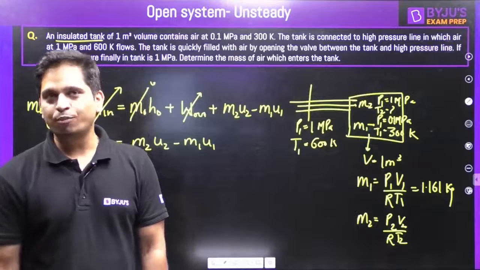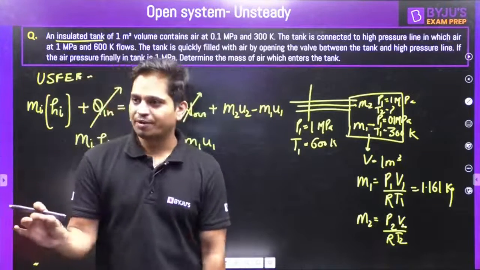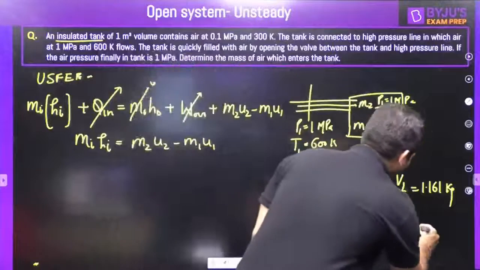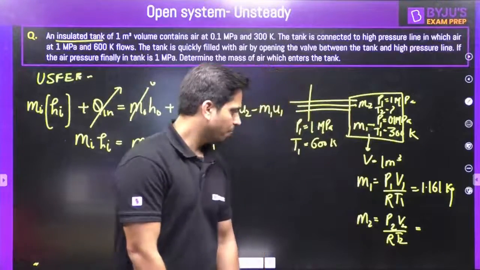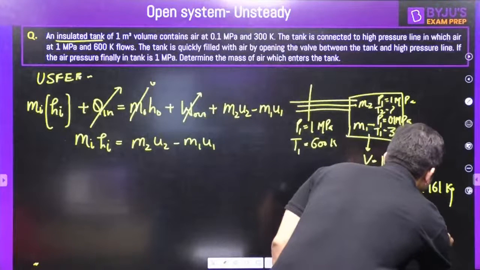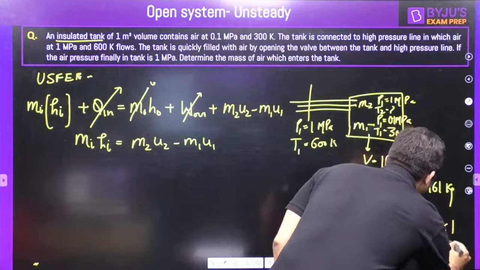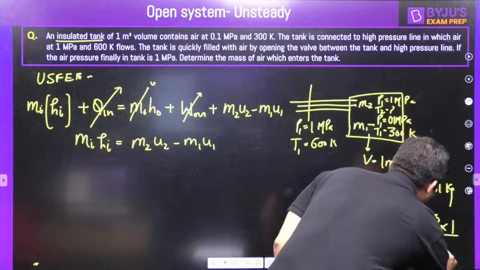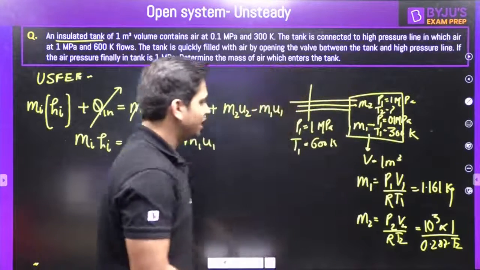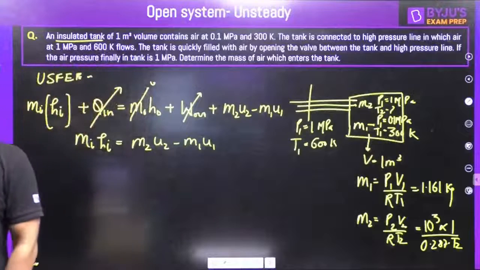M2, basically T2 you don't know, okay? So this will come in the form of T2. P2 is 1 megapascal, so 10 to the power 3 into 1 upon 0.287 into T2.